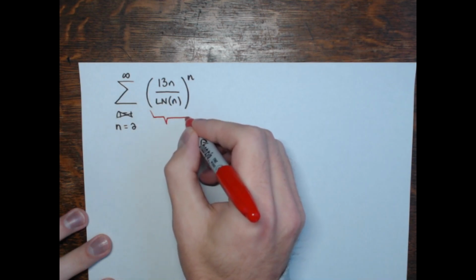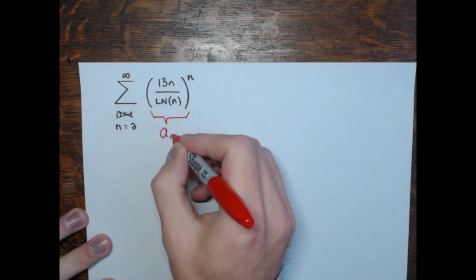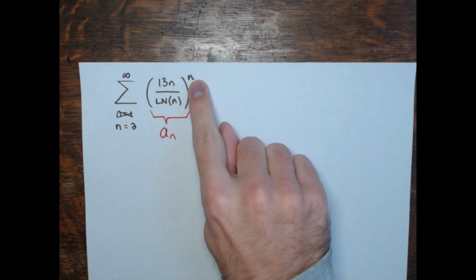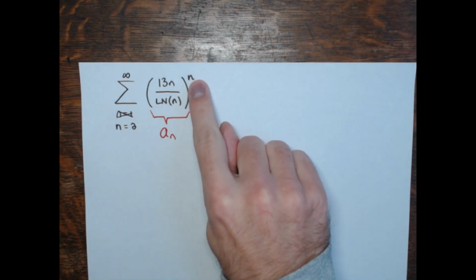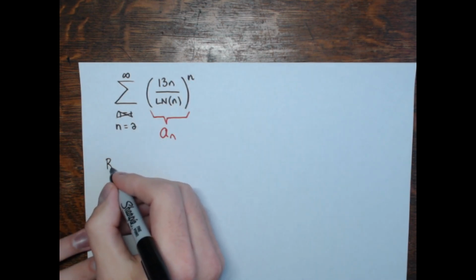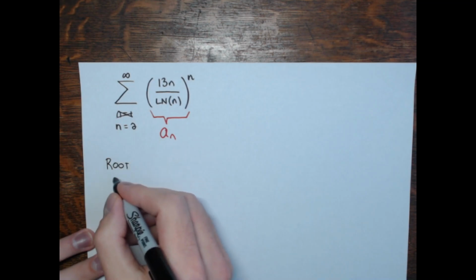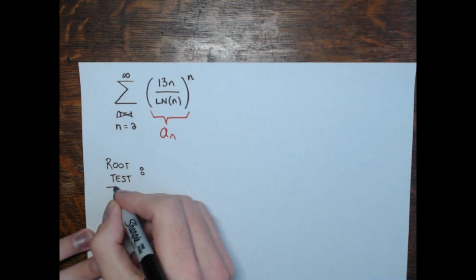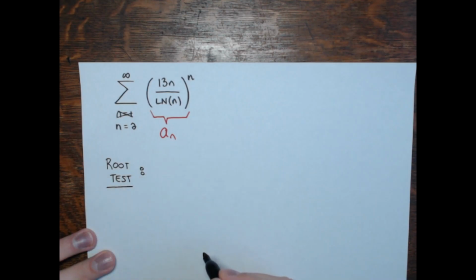Anyway, so here's a sub n, and I see this nth power again on my terms. So it's a good indicator that the root test will be best for determining convergence or divergence of this series.